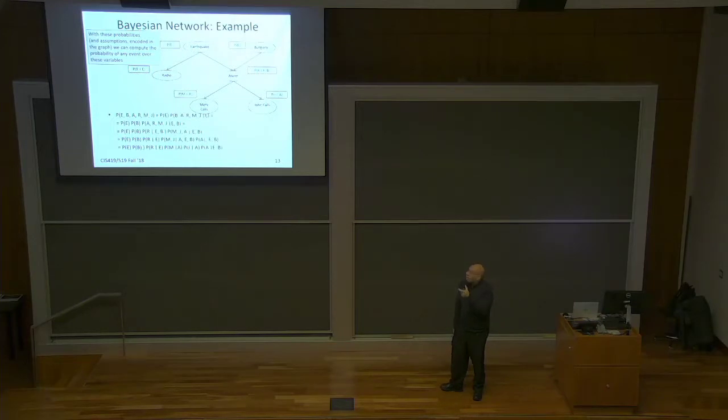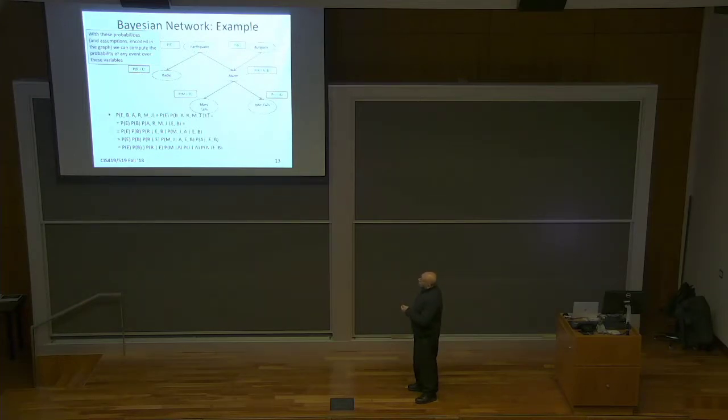instantiations. All I'm telling you is that in order to compute any given instantiation, for example the probability of E being 0, B being 1, alarm is off, radio is on, M is off, John did not call, given this assignment, here is how I'm going to compute it. And what I did here is basically use the product rule.